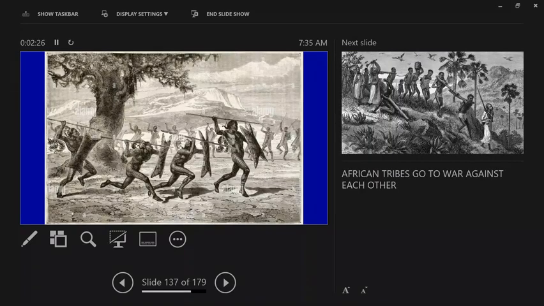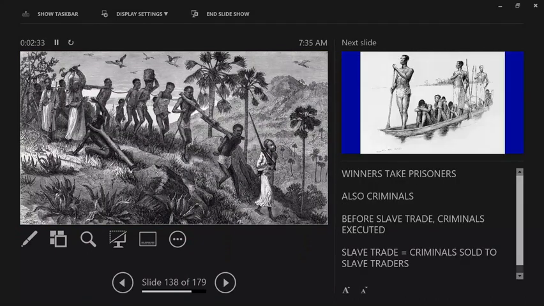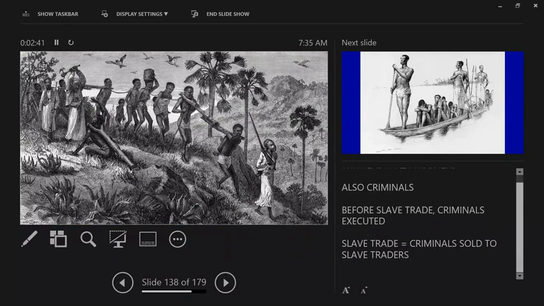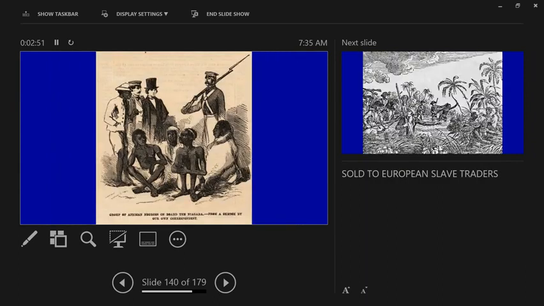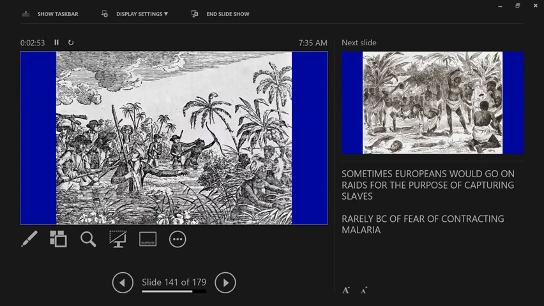All right, so this is kind of how it works: African tribes go to war against each other, and the winners take prisoners. They also imprison their criminals. Before the slave trade, criminals were executed, but after the slave trade, the criminals were sold to slave traders. The slaves are taken to the coast and sold to European slave traders.